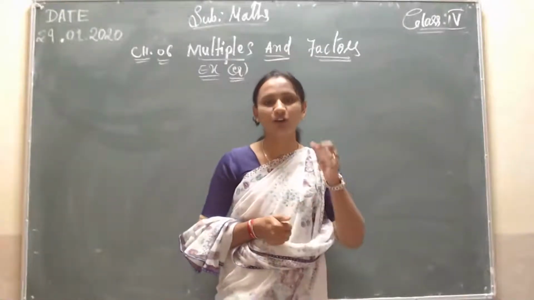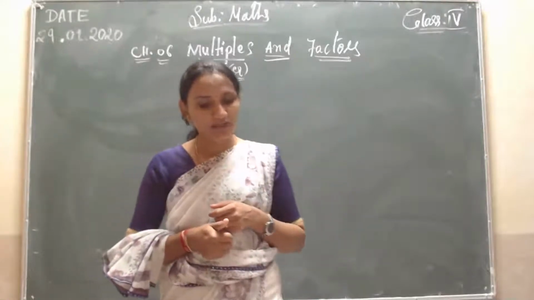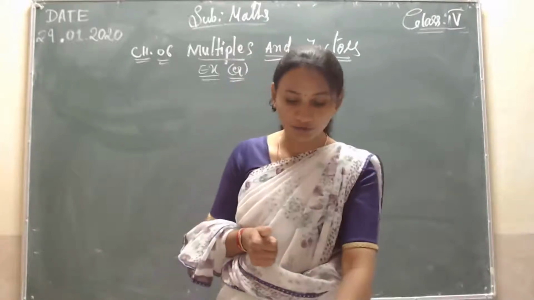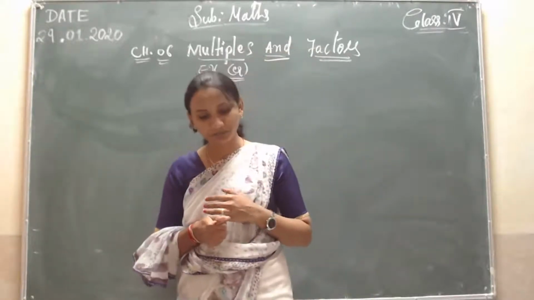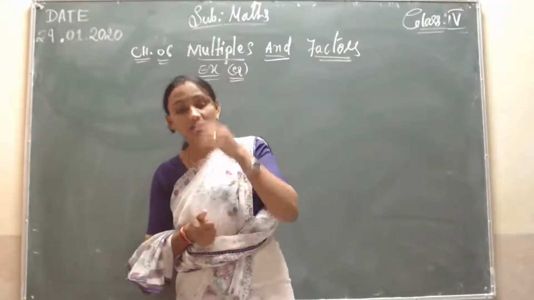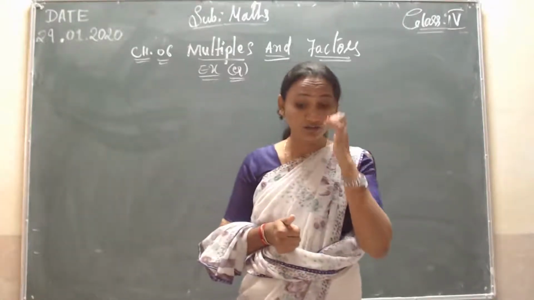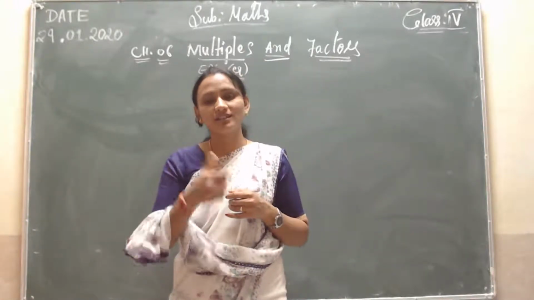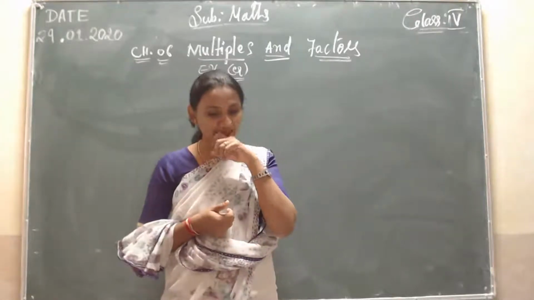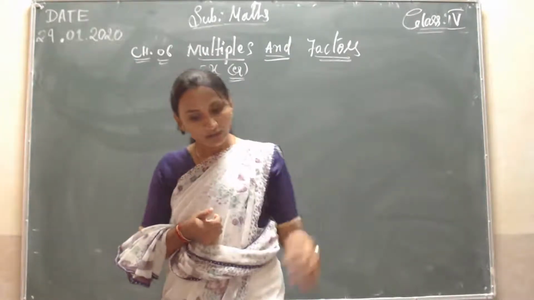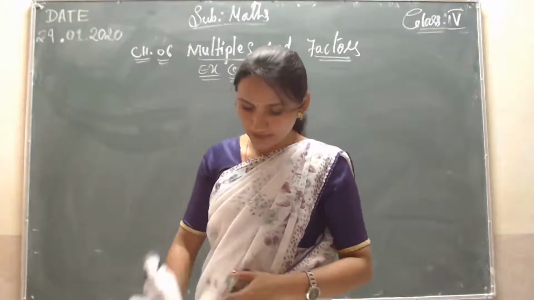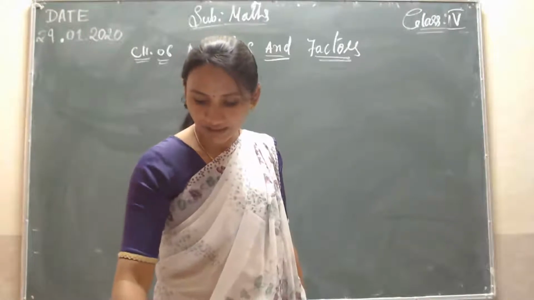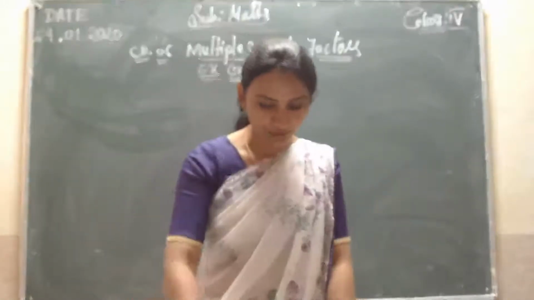Common division method means, students, you divide the numbers by the smallest prime number first. Then divide by the primes that divide at least one of the numbers, and the numbers that are not divisible you write as they are. Let me show one example.